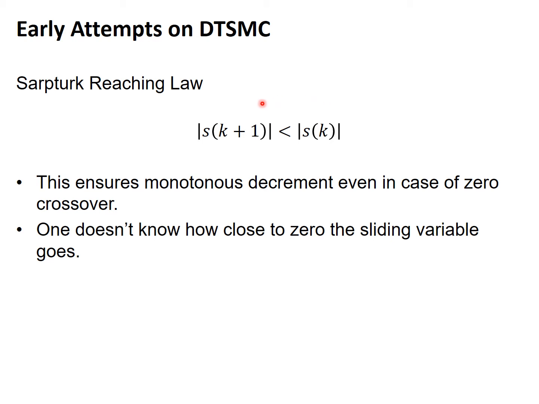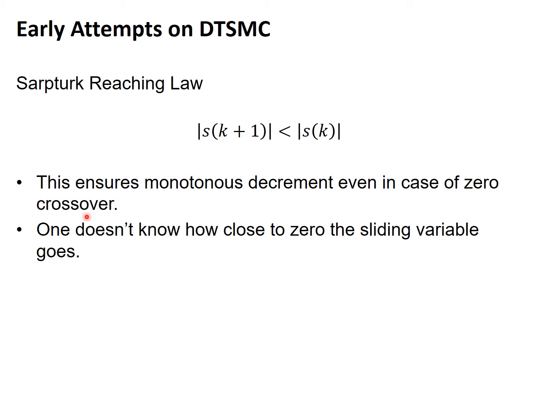Whether you are on the positive side or negative side, it doesn't matter. If you are crossing from the positive side to the negative side, still you have to have the magnitude less than what it was on the other side. So here the problem of divergence is taken care of, because it cannot diverge if it follows this law. It ensures monotonous decrement even in case of 0 crossover.